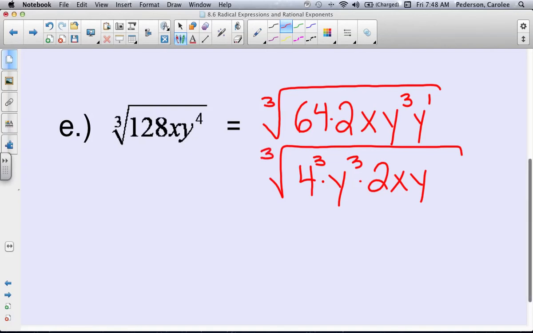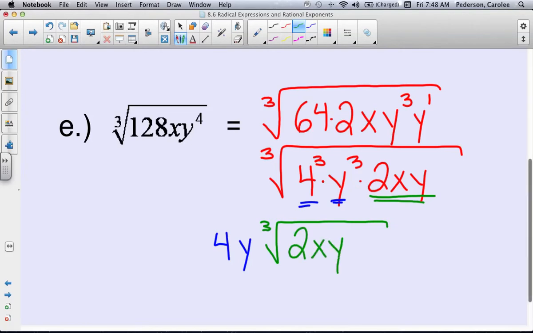Now what's going to go out in front are groups of 3's. So cubed root of 4 cubed is 4. Cubed root of y cubed is y. Then what's left are the things that are not in groups of 3. So these 3 things are my leftovers, 2, x, and y.